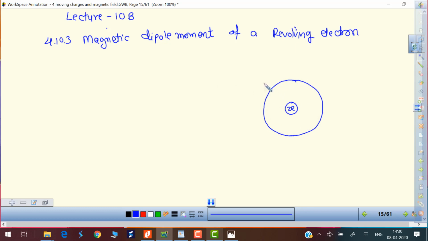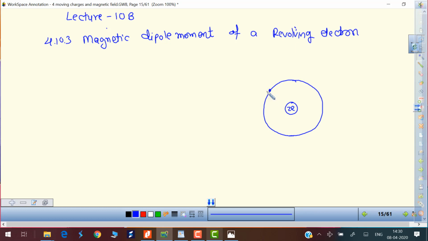The necessary centripetal force for the Earth is provided by gravitational force, while here the Coulomb force provides the necessary centripetal force to the electron, because the electron is revolving.